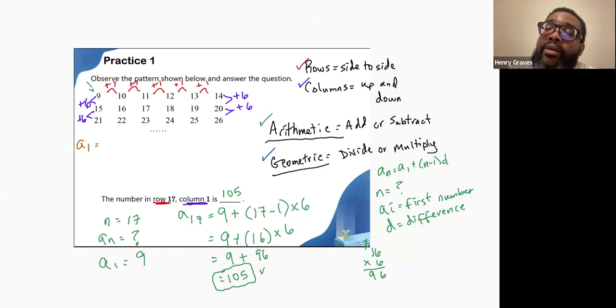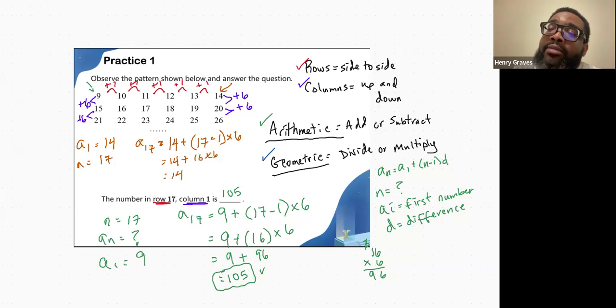And I know my n is still 17. So I'm plugging in my numbers. A_17 is going to be 14 plus 17 minus 1 times 6. So that'll be 14 plus 16 times 6, so 14 plus 96. I do my math off here to the side. 96 plus 14 is going to be 110.